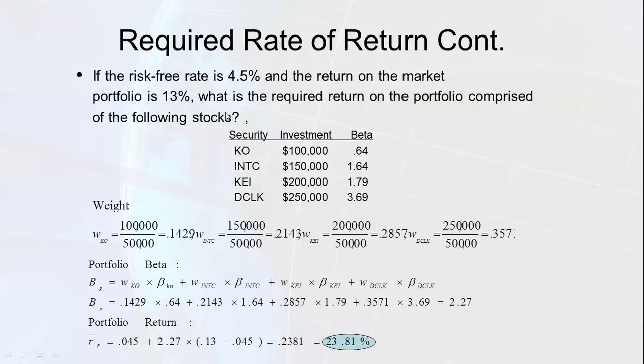So if you create a portfolio of these securities, you put $100,000 on KO, $150,000 on Intel, $200,000 on this security here, and $250,000 on this security here. Okay, so what is your portfolio return?